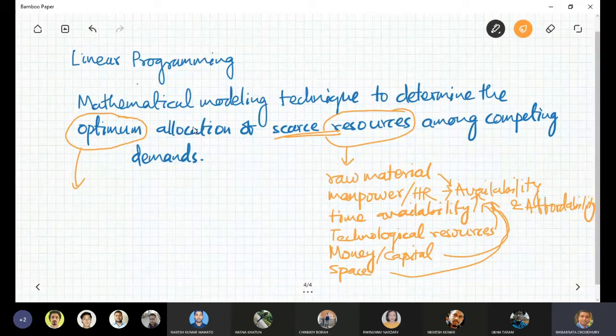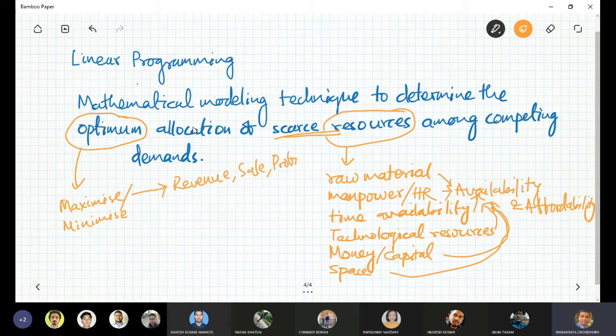What is the meaning of optimum? Optimum can either be maximized or minimized. Maximize revenue, maximize sales, maximize profit. Minimize cost, minimize time, minimize manpower.